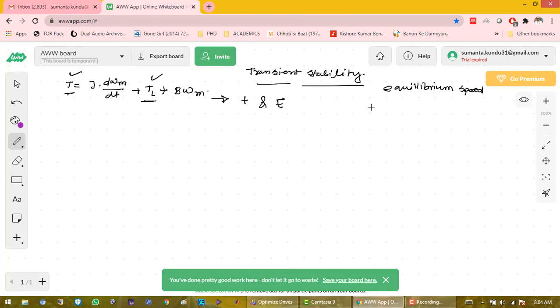But in reality, it is not true. Practically, transient operation is considered to be over when 95% change in speed has taken place. So, it's not infinite time. Just a change of 95% in speed will give the value of transient time.